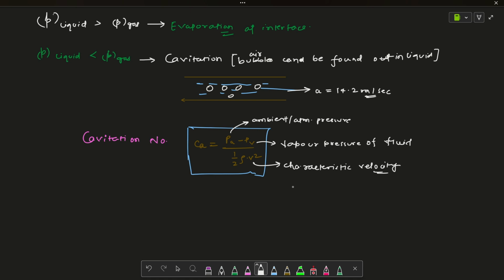So this cavitation number describes whether the fluid is flowing and if boiling is occurring or not. For designing any pipe, like for any oil transportation, water transportation or gas transportation, a pipe has to be built, right?